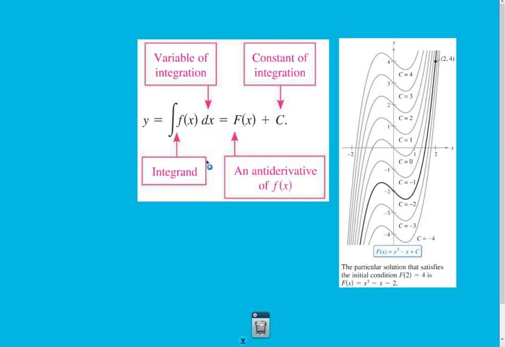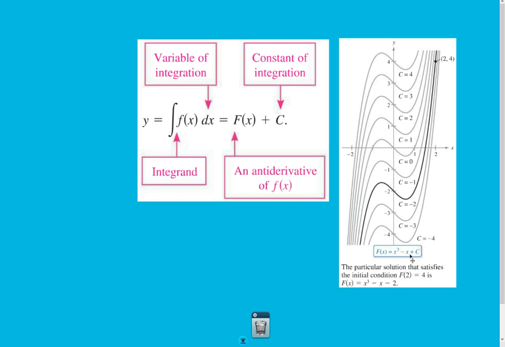And then graphically, as promised. Let's say we had some function, and its antiderivative was x cubed minus x plus c. This plus c right here, I have no idea what it is. But thinking back to transformations of functions, a plus c on a function is basically just going to slide your function up and down.